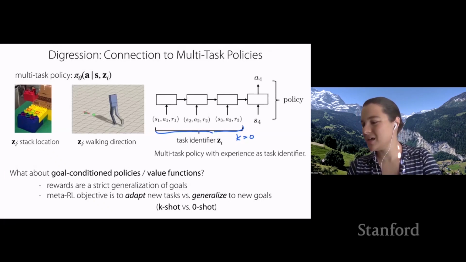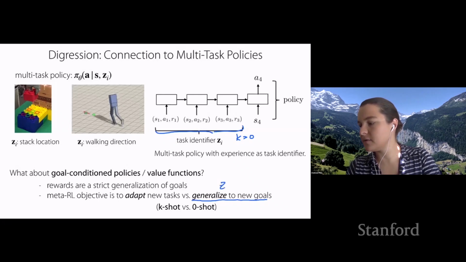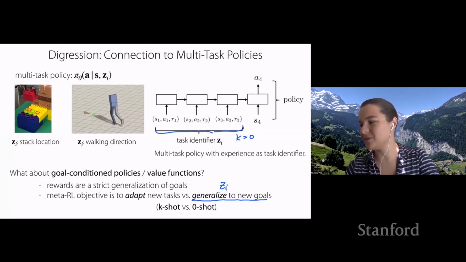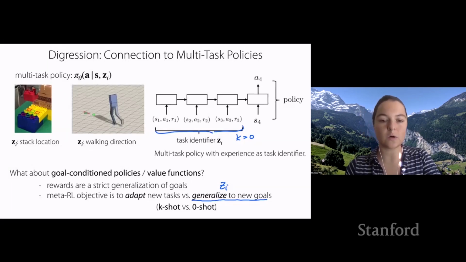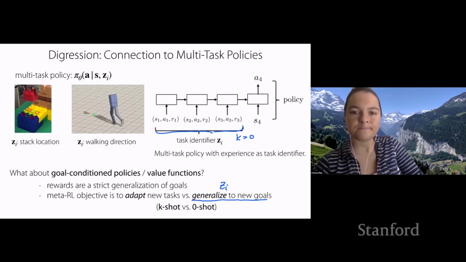In goal-conditioned RL, when you're trying to generalize to new things, you're given a task identifier that describes something about the task, like the goal you're trying to reach, and you're not given any data. In that sense, you can view K as being equal to 0. That's why it's referred to as zero-shot generalization, because you're not given any experience, but you're still trying to generalize to a new task. Thank you.